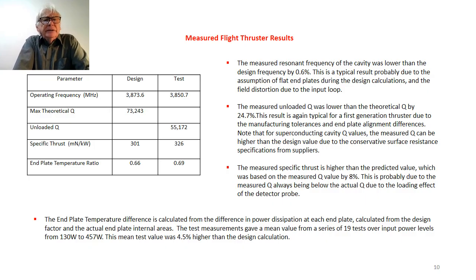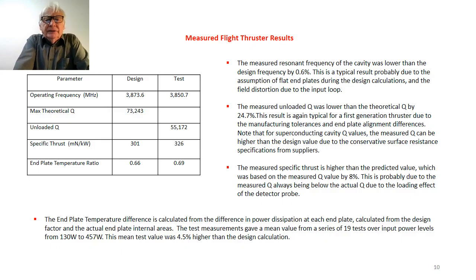The other critical parameter for the EmDrive cavity is the Q that you end up with, because we keep emphasizing that the higher the Q, the higher the specific thrust you get. And we started off with a maximum theoretical Q of 73,243.